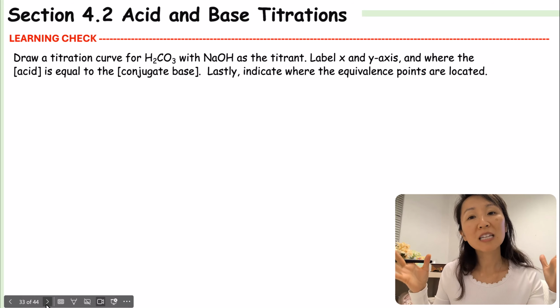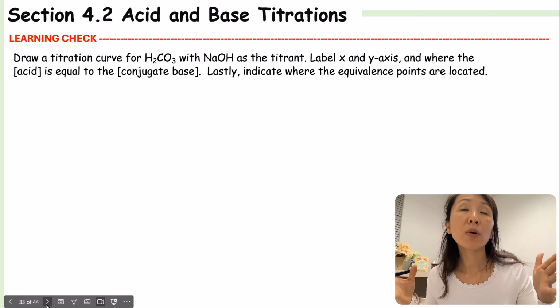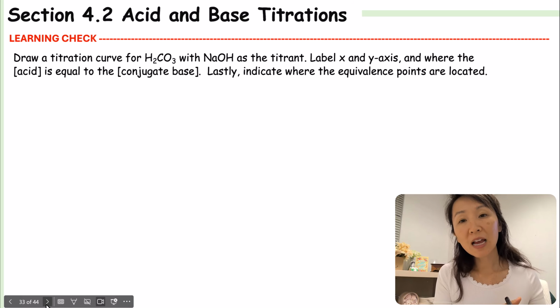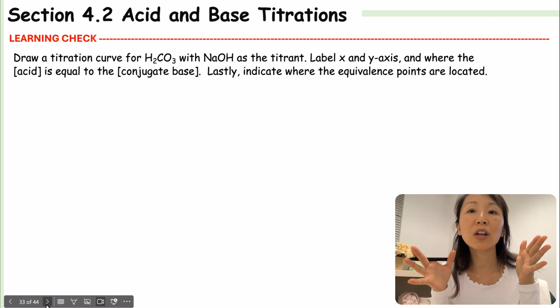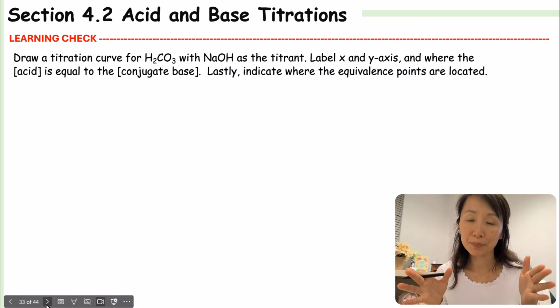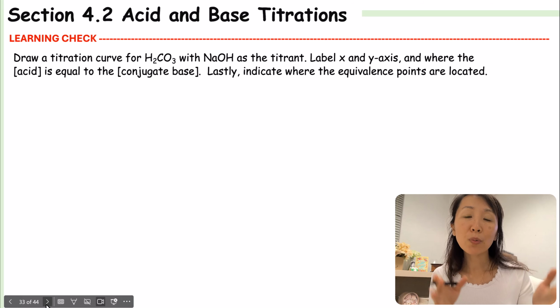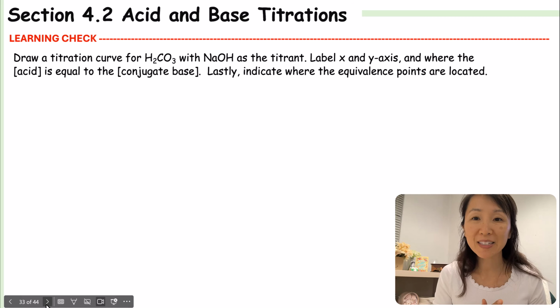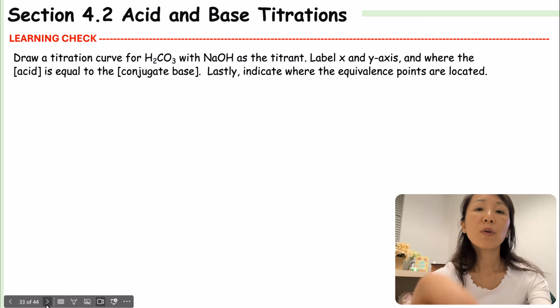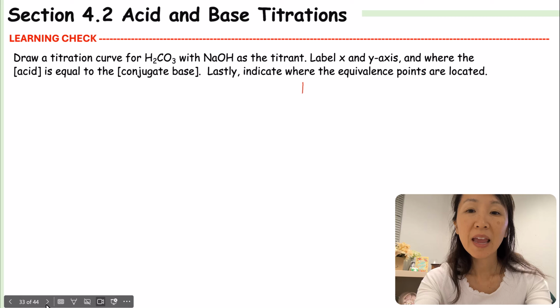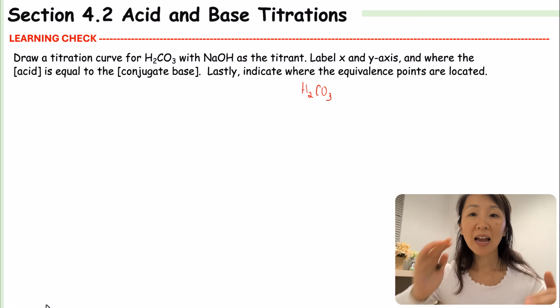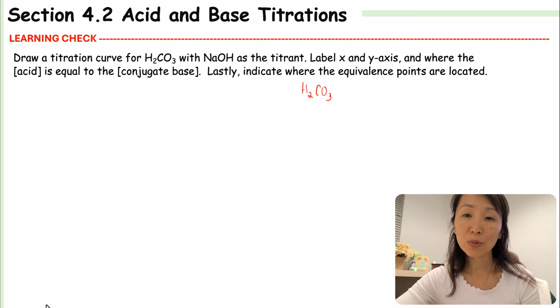So we're essentially going back to that previous slide that we just saw, and we're going to be drawing another titration curve, with not phosphoric acid this time, but carbonic acid. So let's try. Before we begin, note that H2CO3, how many hydrogens can this donate?